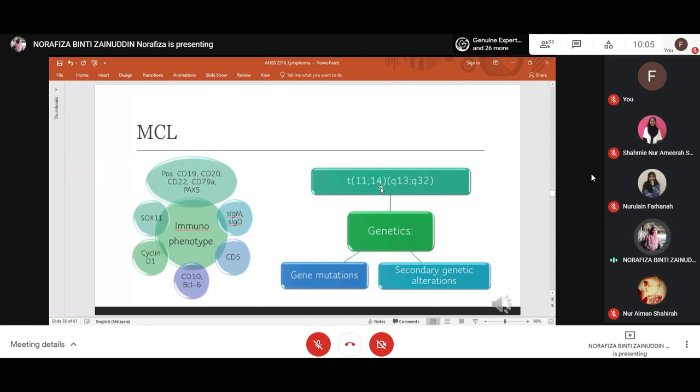And then apart from tumor suppressor gene mutations, other genes have also been notified apart from ATM and also P53 genes, like NOTCH1, NOTCH2, NSD2, MEF2B. More rarely are mutations in the NF-kappa B pathway.